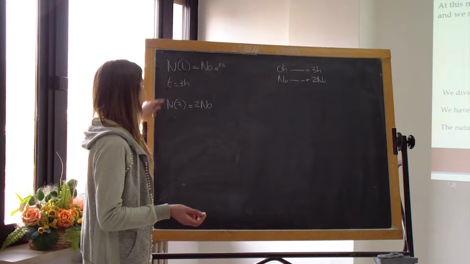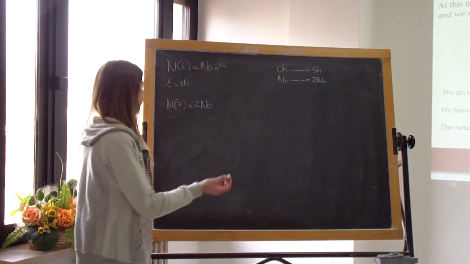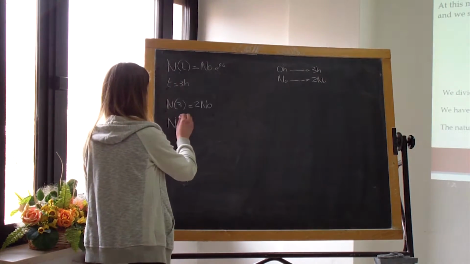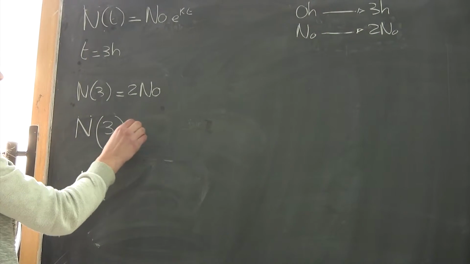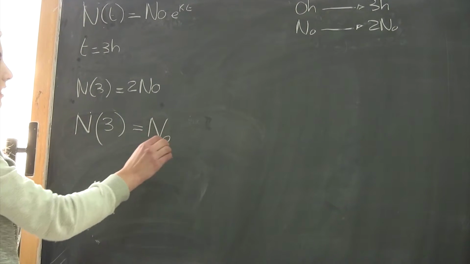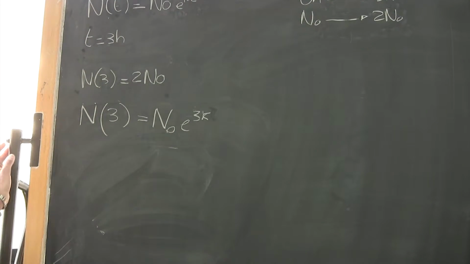So we can replace this data in the principal formula, and we can write that N of 3 is equal to N naught times e to 3 times k.